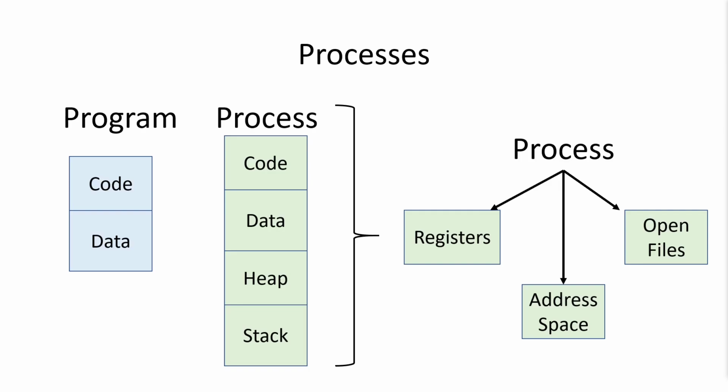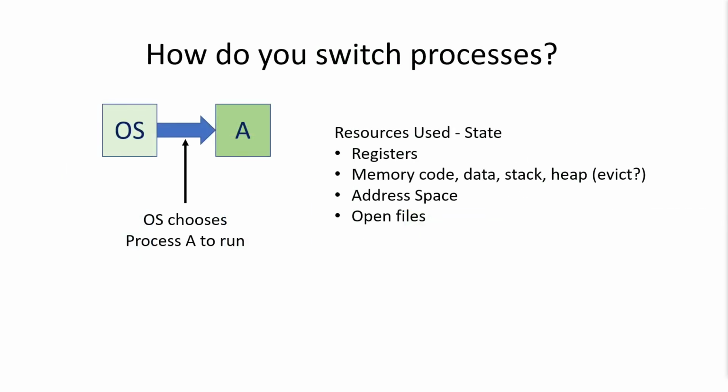The other resource that's important to store is the open files. That input-output idea, I'm not going to talk much about it, but it'll be yet another chapter in your operating systems class. So the process has these resources. That's the stuff I'm going to need to keep track of and the information I'm going to need to save when I switch processes, which is the very next topic.